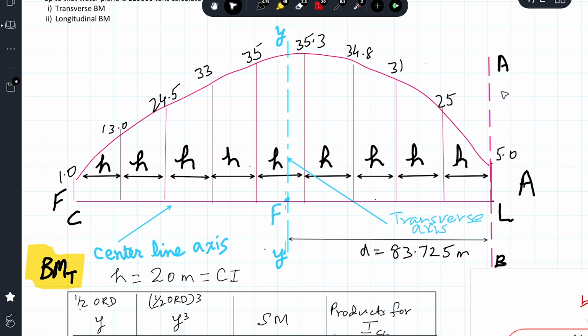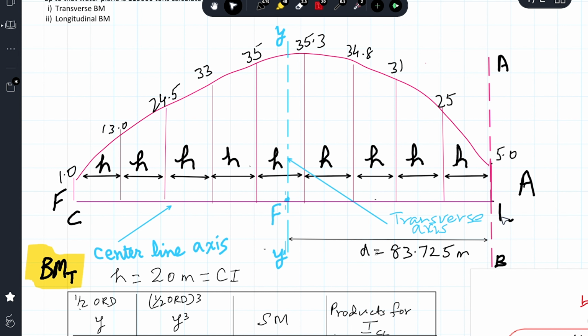AB is the axis which is parallel to the centroidal axis, and it is coinciding with the aftermost ordinate given in the question. That 5.0 is the aftermost last ordinate in the aft side. So the axis AB, I take moments about this axis. So I will get moment of inertia about AB.